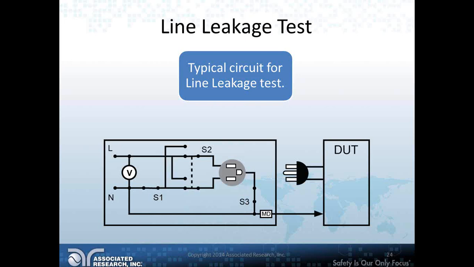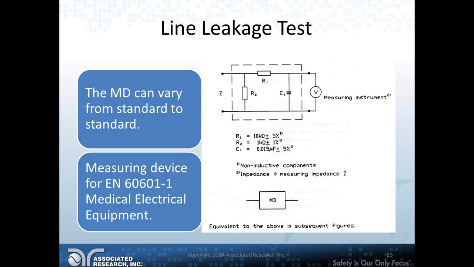This is the measuring circuit called out by 60601-1. However, this can vary quite a bit if the standard changes. So the measuring device plays a very important role in the line leakage test in terms of simulating different types of human body impedances under different fault conditions.